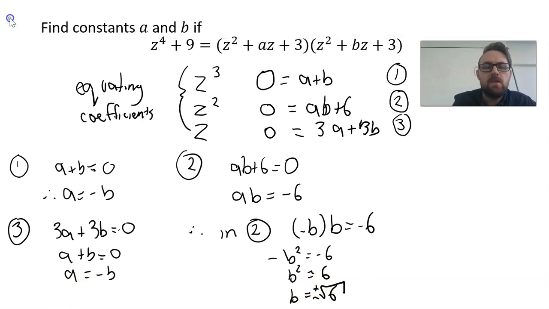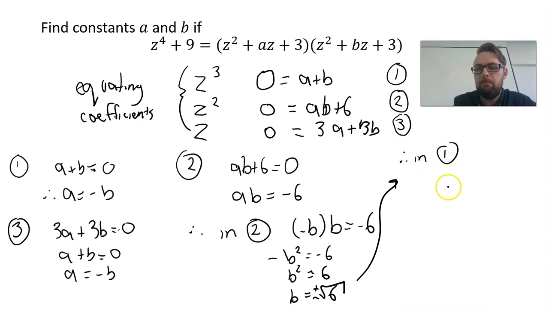So again, I'm just going to keep writing down everything that I'm doing. So we're going to go back up here. If I now go, therefore, into 1, what we just worked out, I know that a equals negative b. So our a equals negative of the b we just worked out, so plus or minus square root of 6.